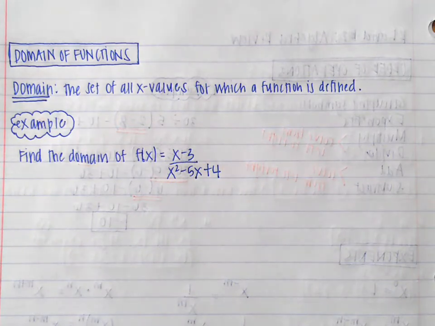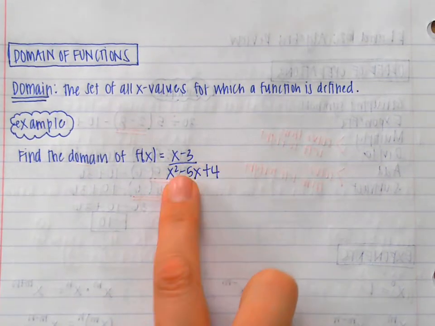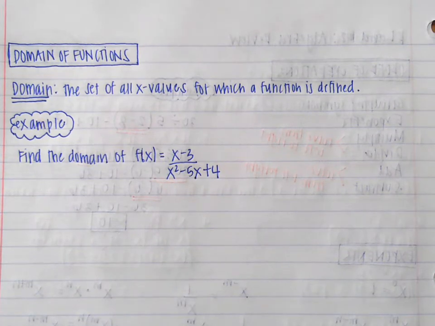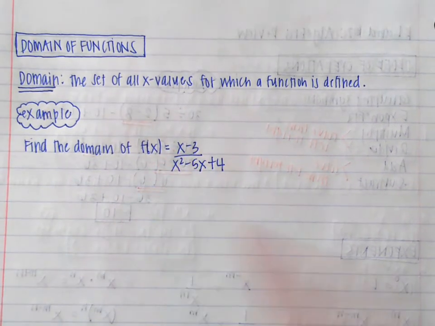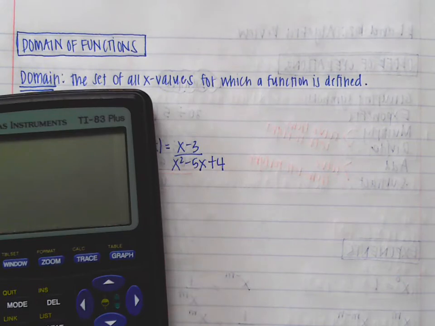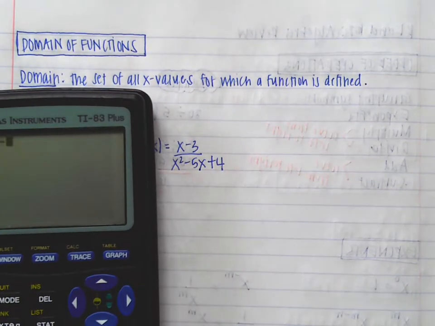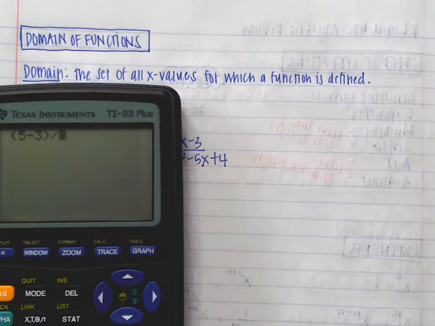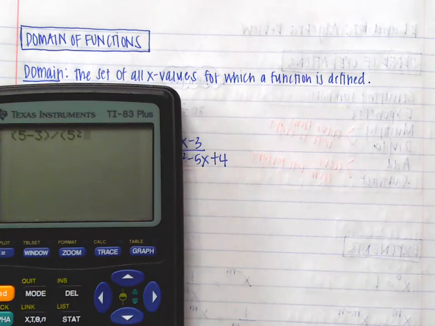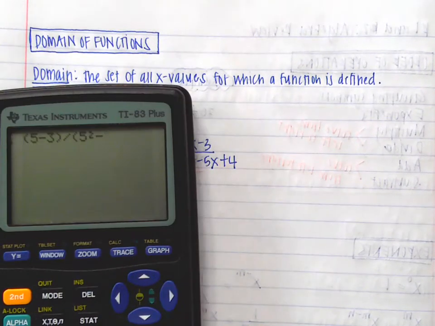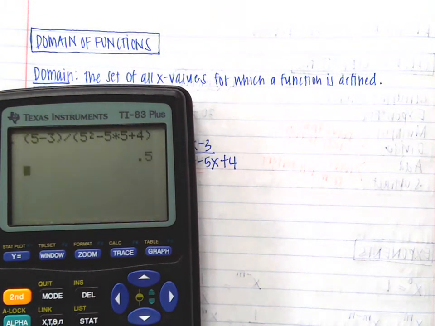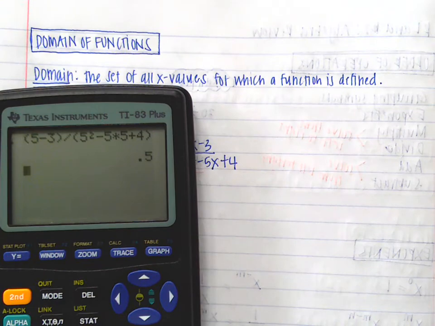Well, if I plug in any positive number, I'm still going to get an output. I'm still going to get a number, which we could even plug in. If I plugged in 5, let's see, 5 minus 3 divided by 5 squared minus 5 times 5 plus 4, and I get a number, 0.5.